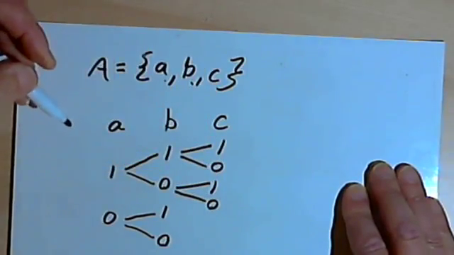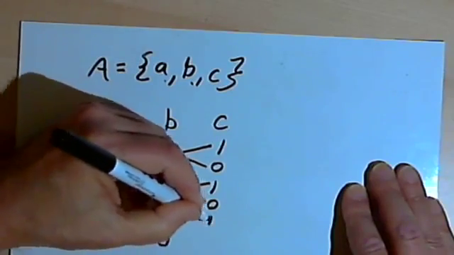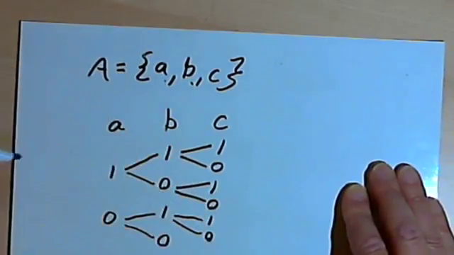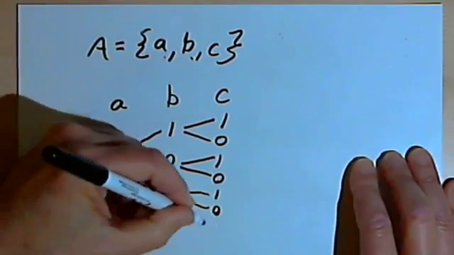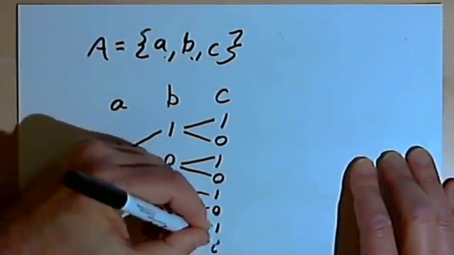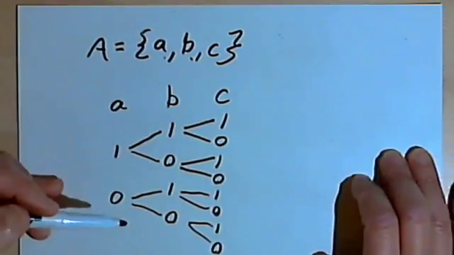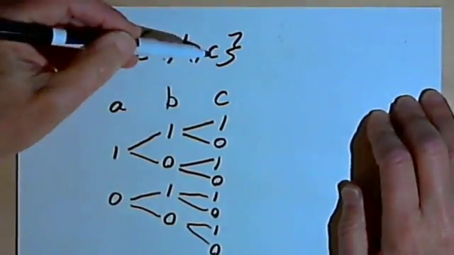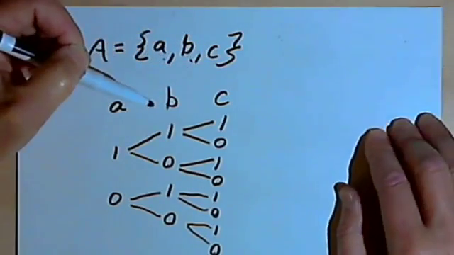If I've got no A, but I've got a B, I might have a C, I might not have a C. If I've got no A and no B, I might have a C, and I might not have a C. So now I've got 8 possibilities. So what's happening is each time I add a letter, I double the number of possible subsets.